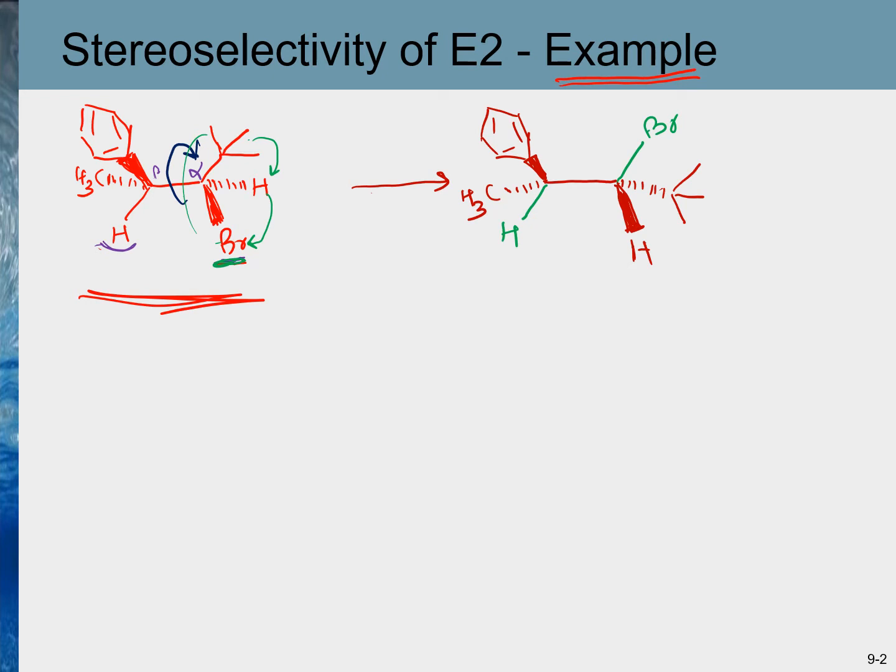The energy required to do this is not that high. So now this is the correct orientation. So in this case, now the proton and the leaving group are in anti and coplanar position.